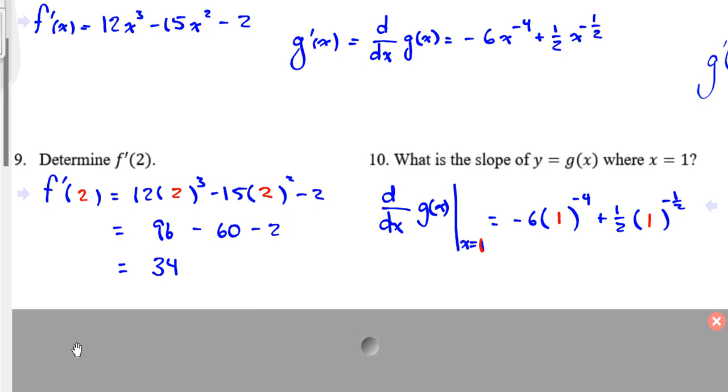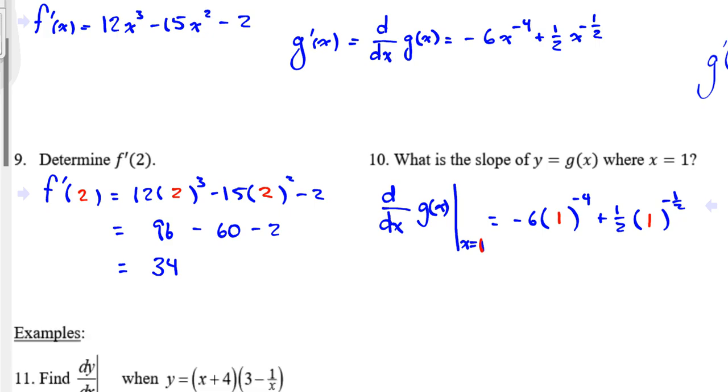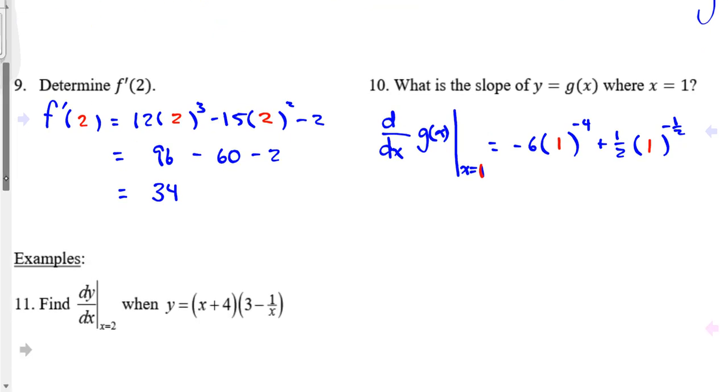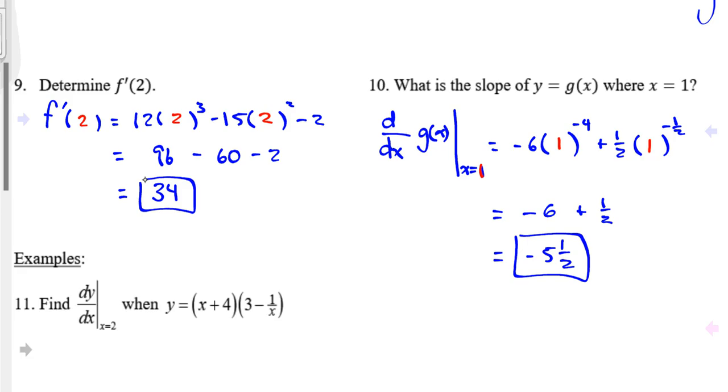And then we would just evaluate that, which I haven't done yet. But that'll be -6 plus a half. So -5.5. And we could write it as an improper fraction, could write it as a decimal. We're not told how to write the answer for now, so that's good enough.